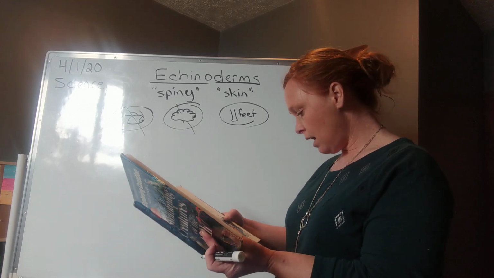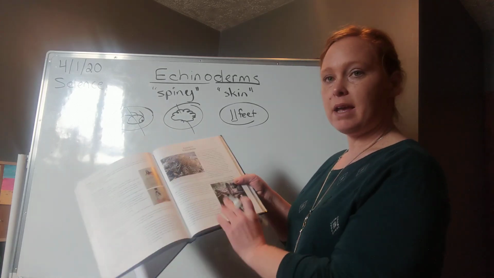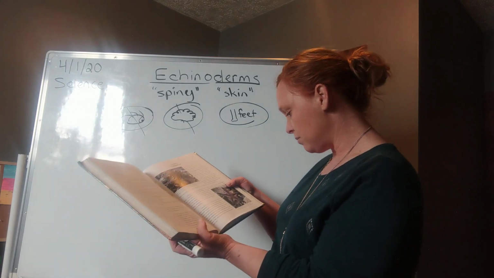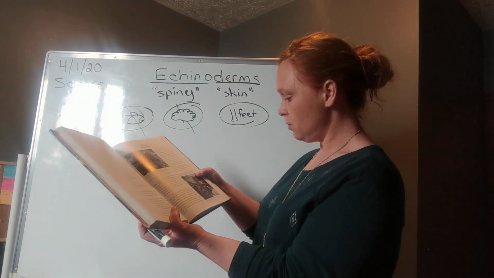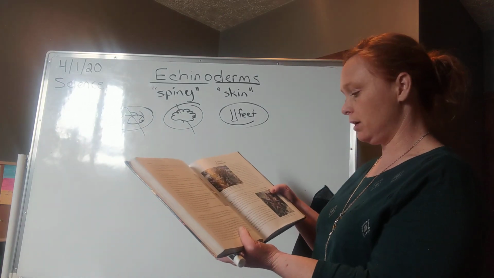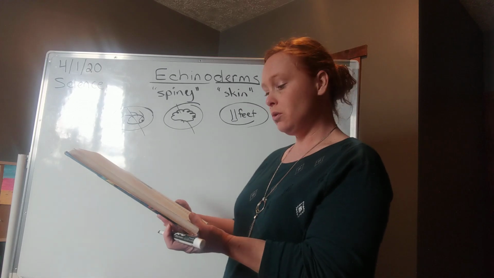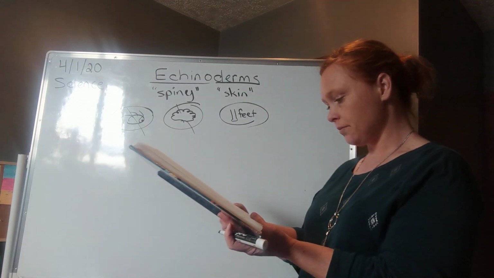So if you look at the bottom of the page there, you can see the actual suction cups on the ends of the sea star's tube feet as it clings to the side of its aquarium.